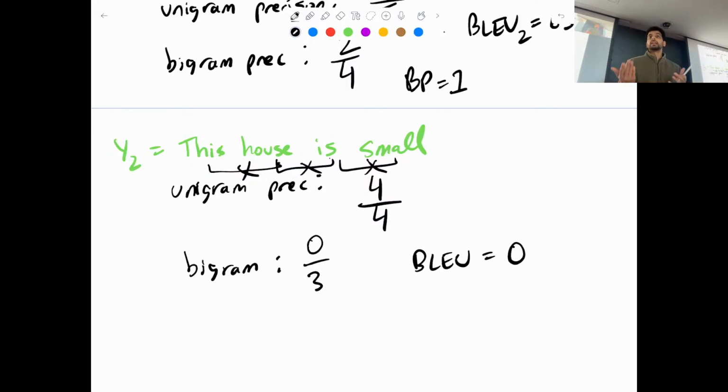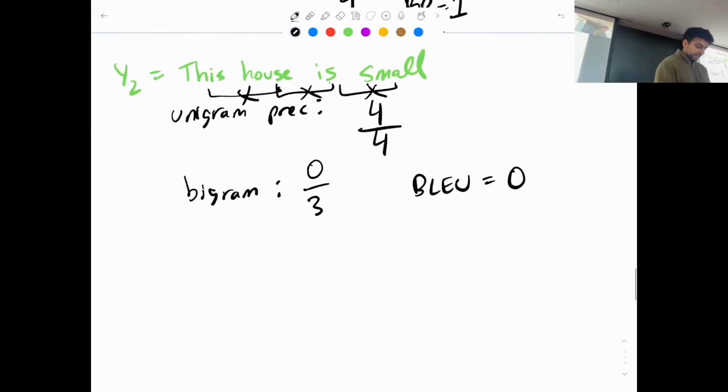Similar to what we did in n-gram models. The drawbacks, though, are that it has no accounting for semantic similarity, right? Otherwise, it would be able to say that y2 is highly similar to the reference translation. So there's many variants of things like BLEU that have been proposed to add more semantic similarity into the metric, but we're not going to talk about any of those in this class.